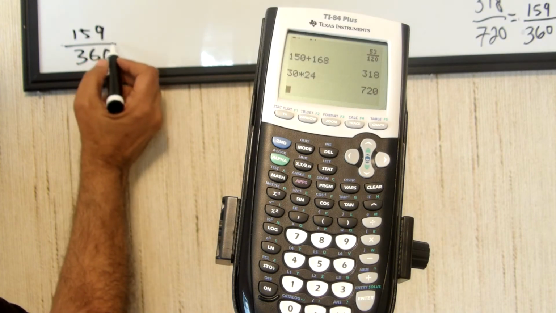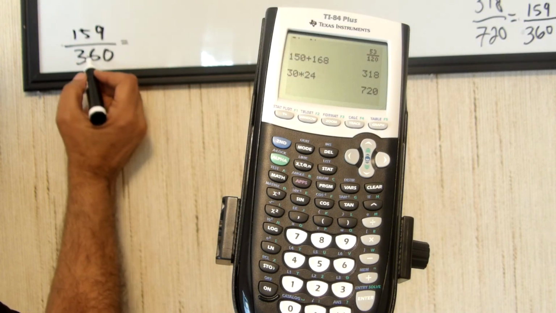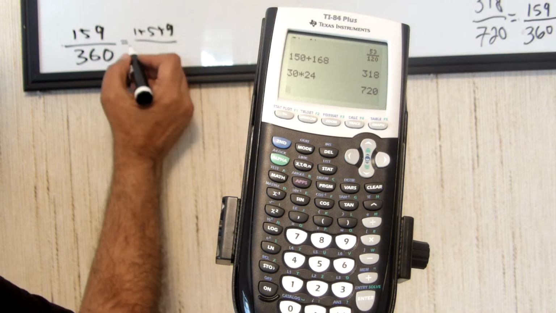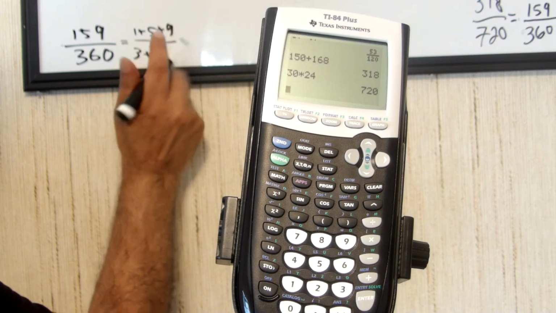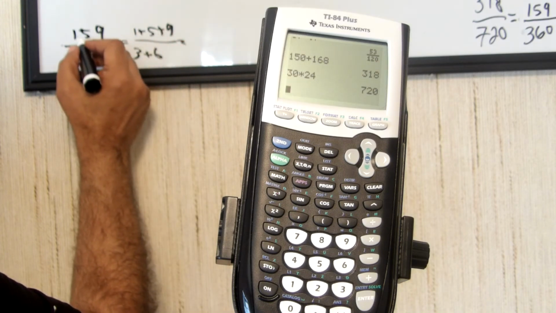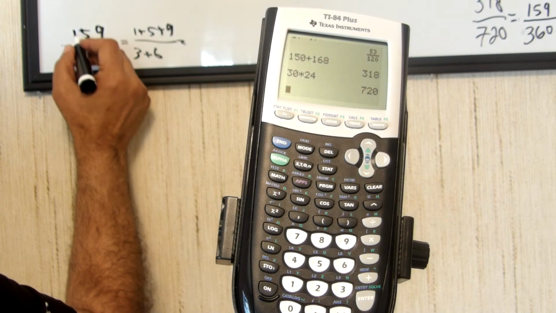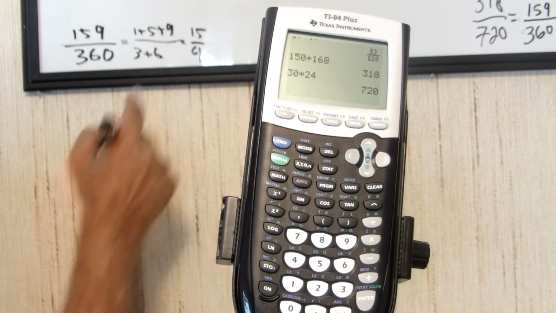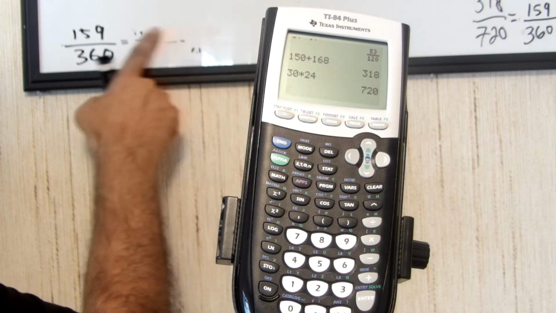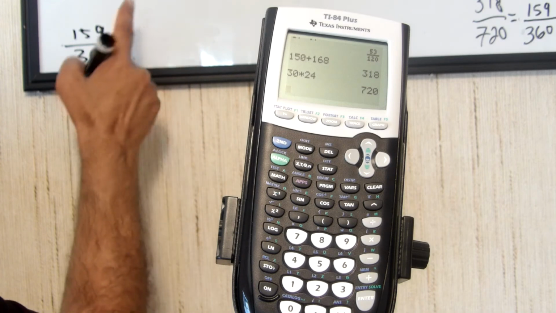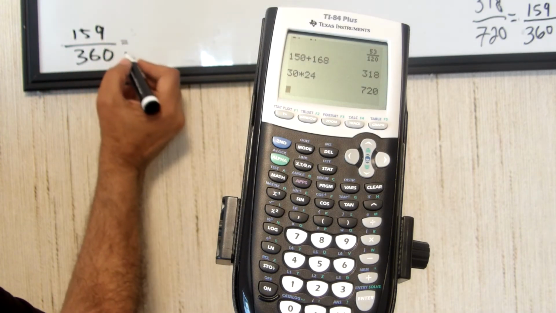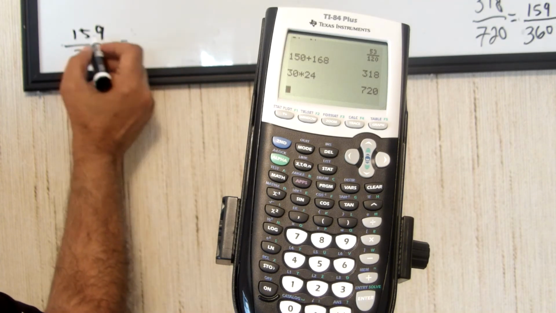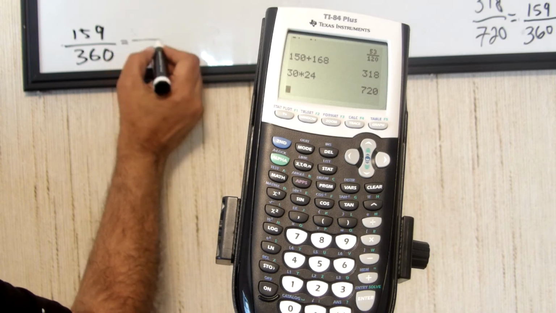So we can divide by 3, I think, because if we add the digits, 1 plus 5 plus 9 is 15, and for this one, 3 plus 6 is 9. 15 is divisible by 3, and 9 is divisible by 3. So we can divide both by 3.